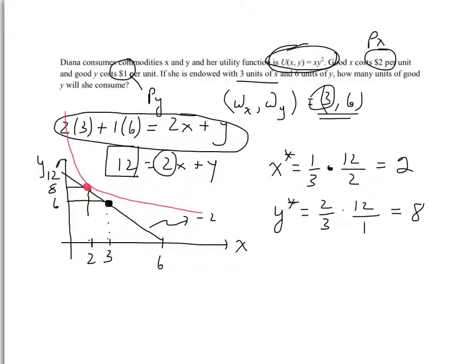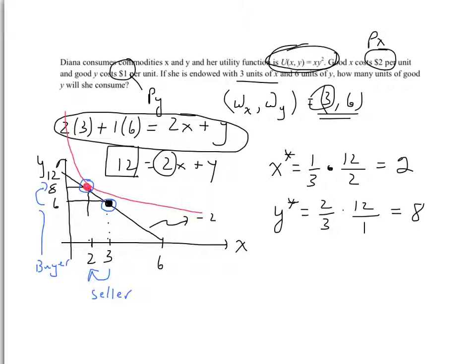She started at this point, the endowment, and she ended up at this point, which means that she ended up giving up some x. In essence, she was a seller of x, and she ended up adding y, which made her a buyer of y.